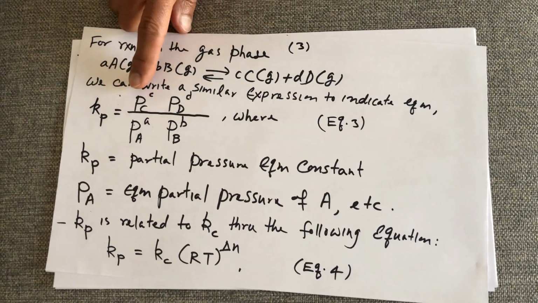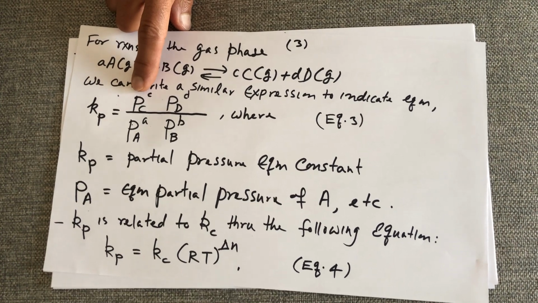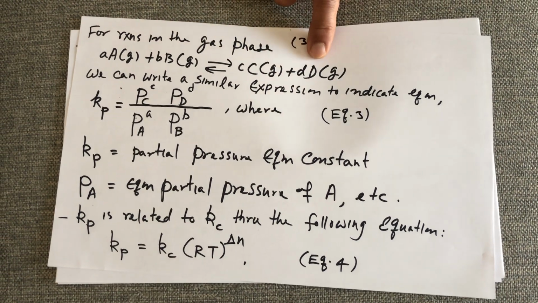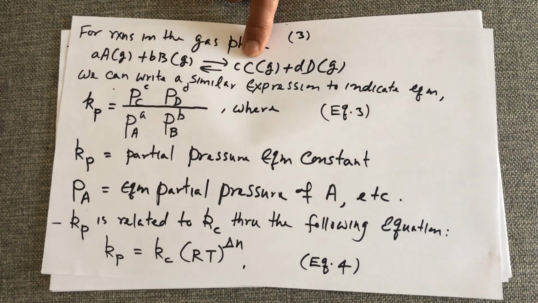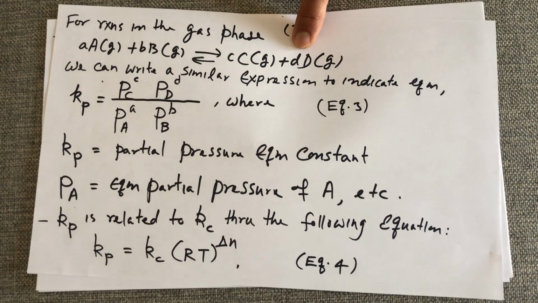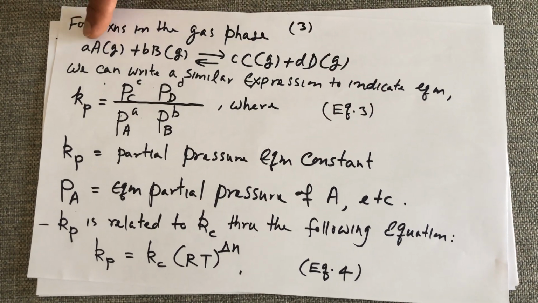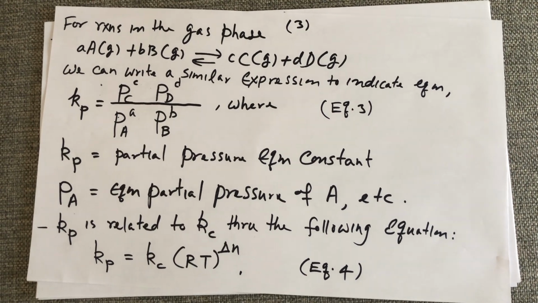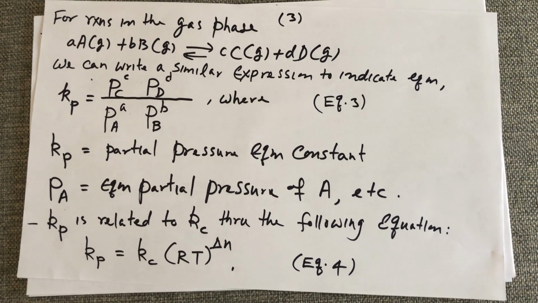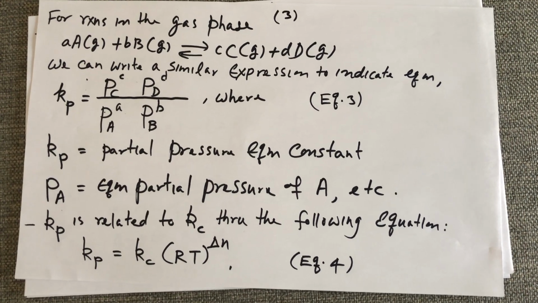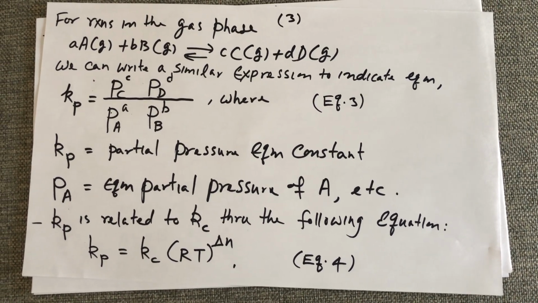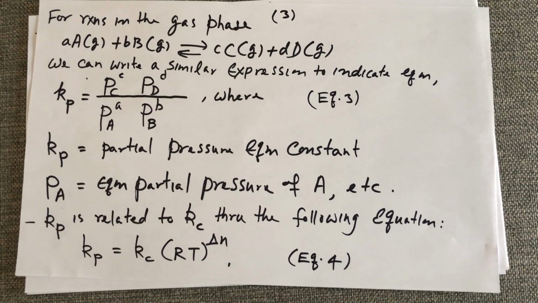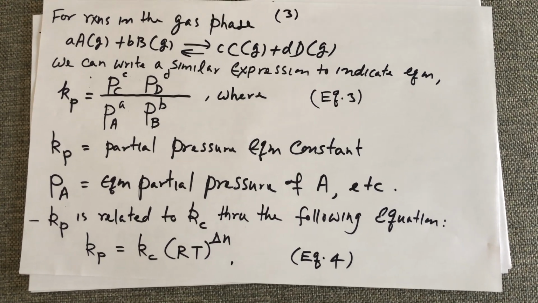So the Kp now, instead of writing concentration, we have to write the partial pressures of these components. Okay, so it's going to be the pressure of C to the c, the pressure of D to the d, divided by the pressure of A to the a, and pressure of B to the b. So again, lowercase refers to stoichiometric coefficients, and capital letters refer to reactants and products. P refers to partial pressure, and Kp is called the partial pressure equilibrium constant.